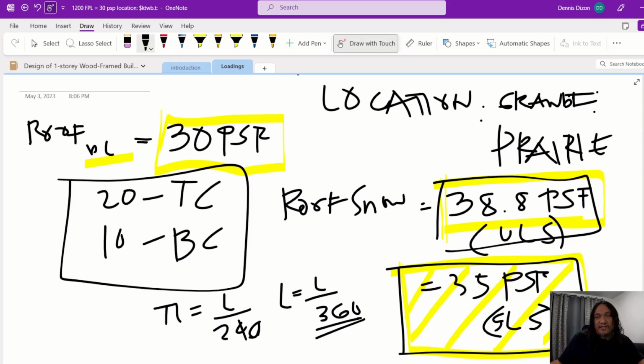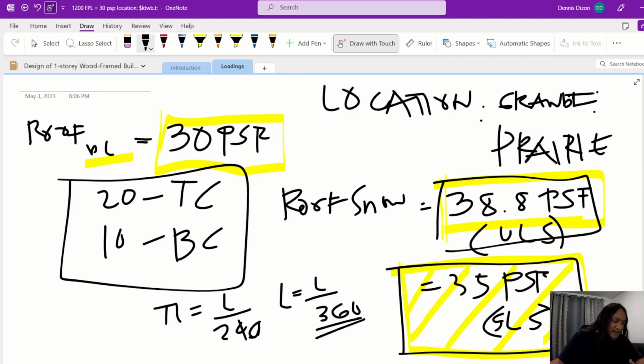The 20 PSF is mentioned in the building code as the roof live load, not the snow load. But I don't know if there is a location here in Canada where the snow load is less than 20. So if ever there is a town or city which is less than 20 PSF, then you have to use the minimum, which is 20 PSF for the roof live load.